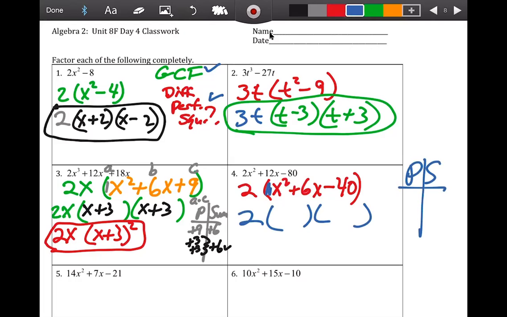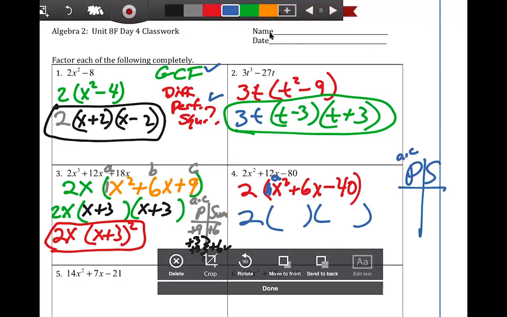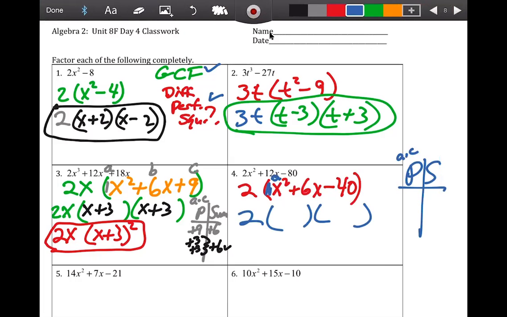Okay, so product sum, my product is 1 times negative 40, my A times C. Here's my A, here's my C. So I got negative 40. And my sum is the B, which is plus 6. Anybody get the product sum here?